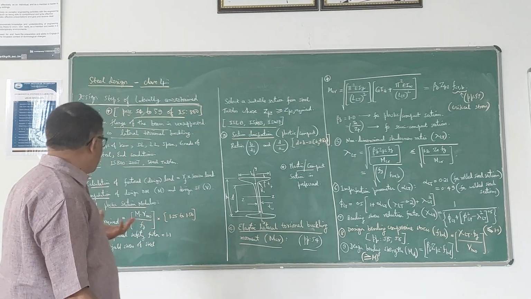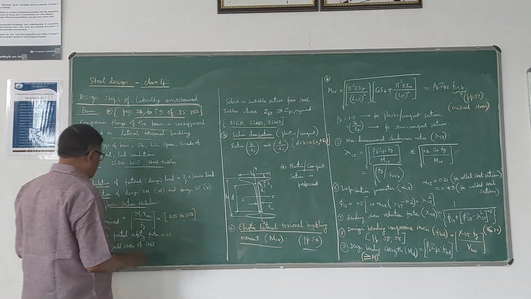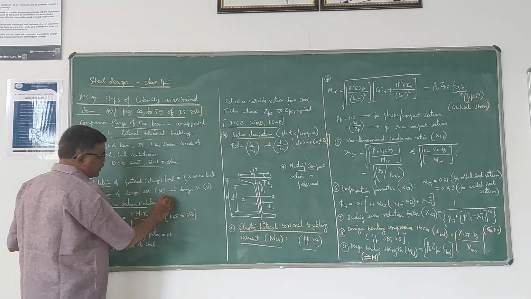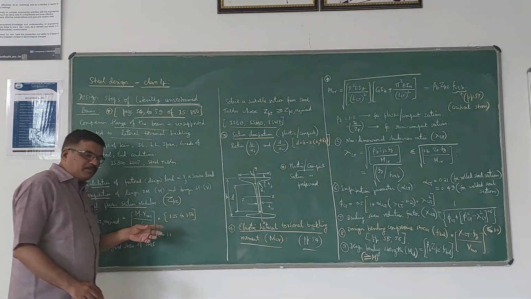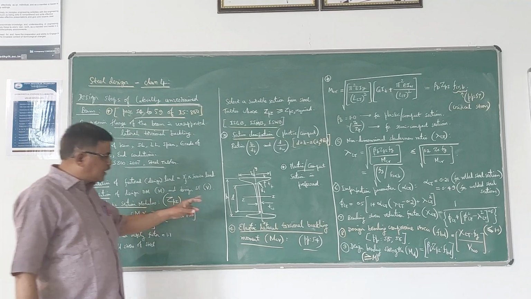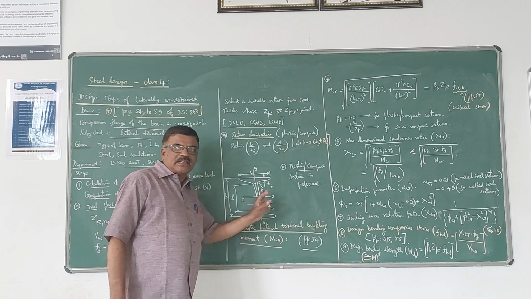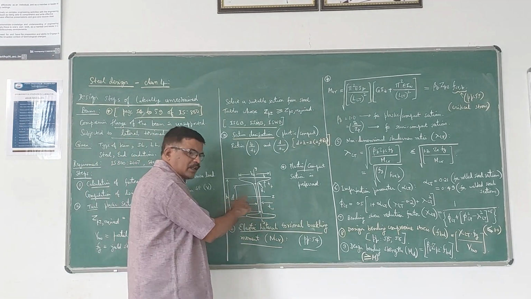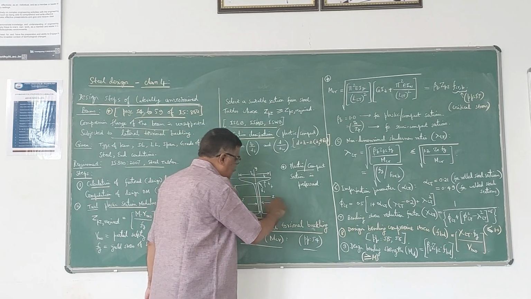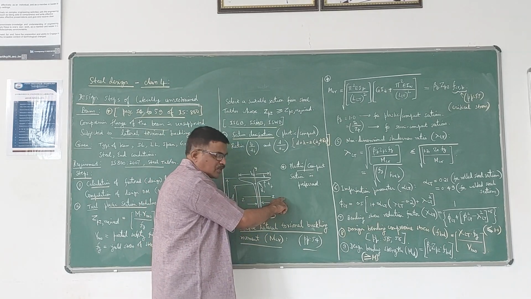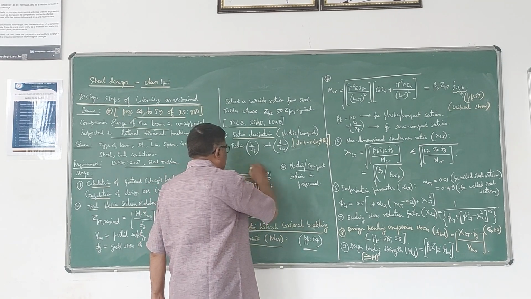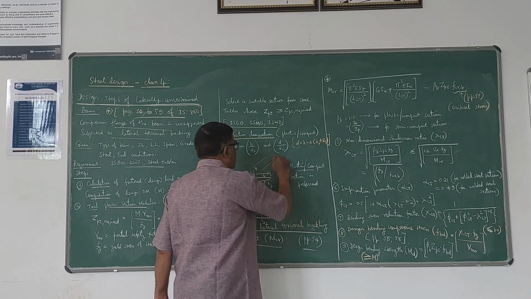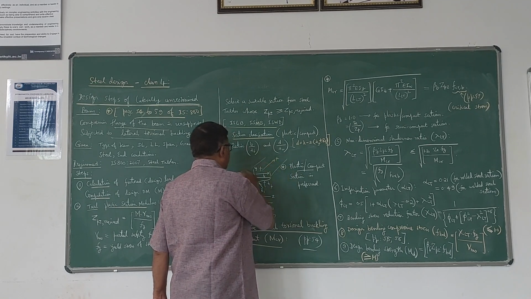So the trial plastic section modulus is denoted by Zpz or simply Zp, because the ZZ axis is the major axis. As I already told in the earlier lecture, the horizontal axis along the cross section is the ZZ axis, vertical is the YY axis, and along the length it becomes the XX axis.